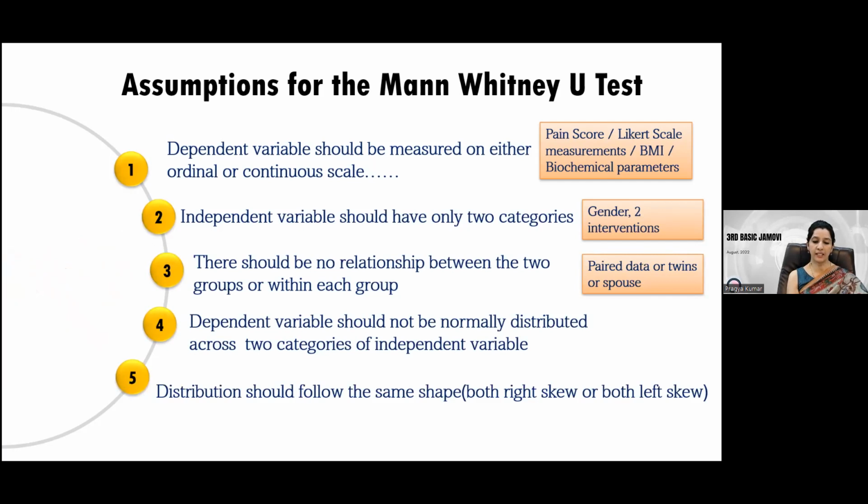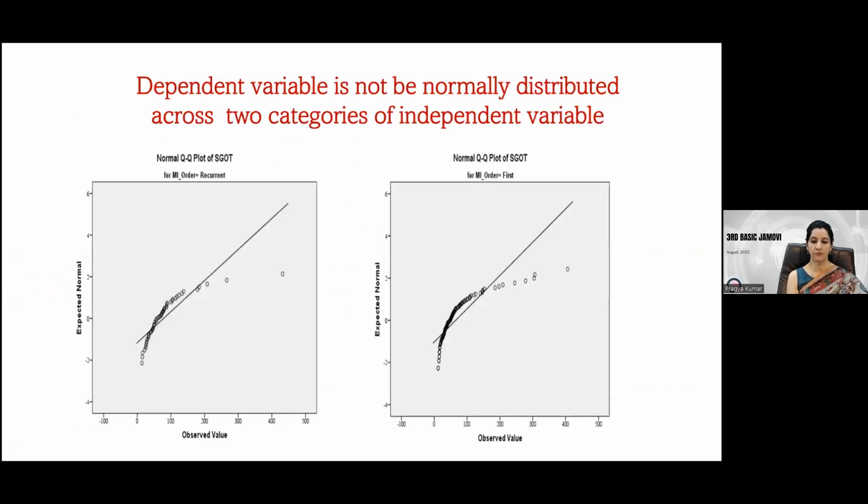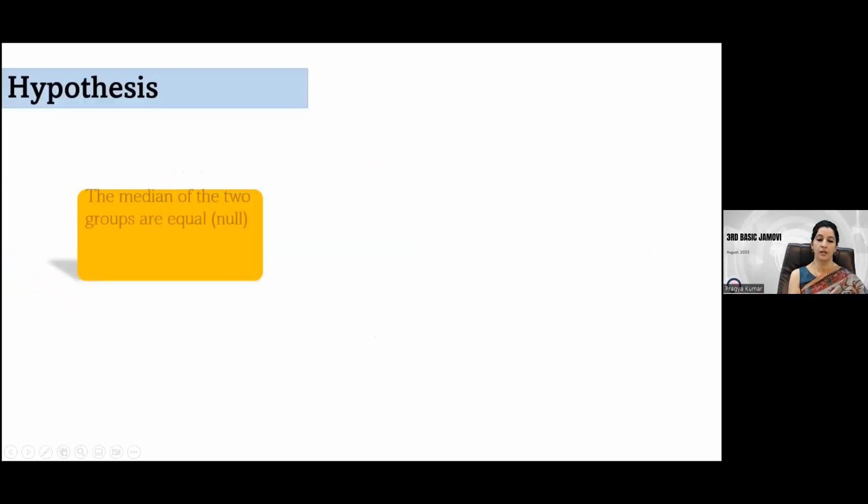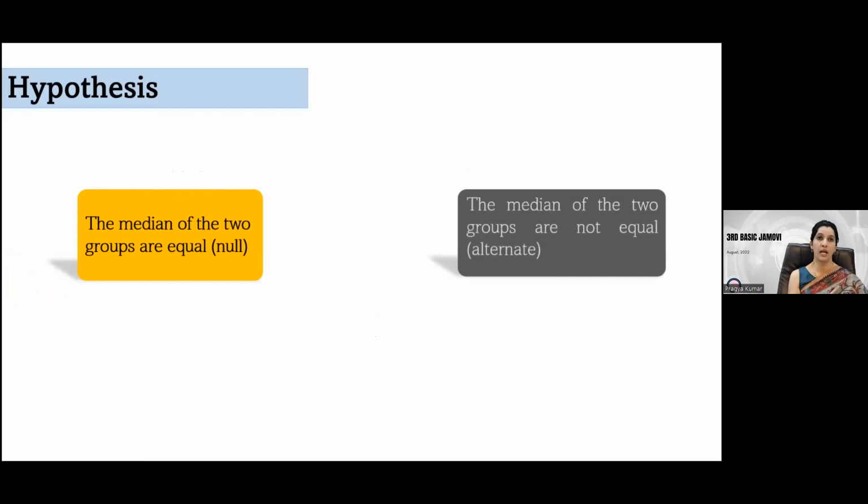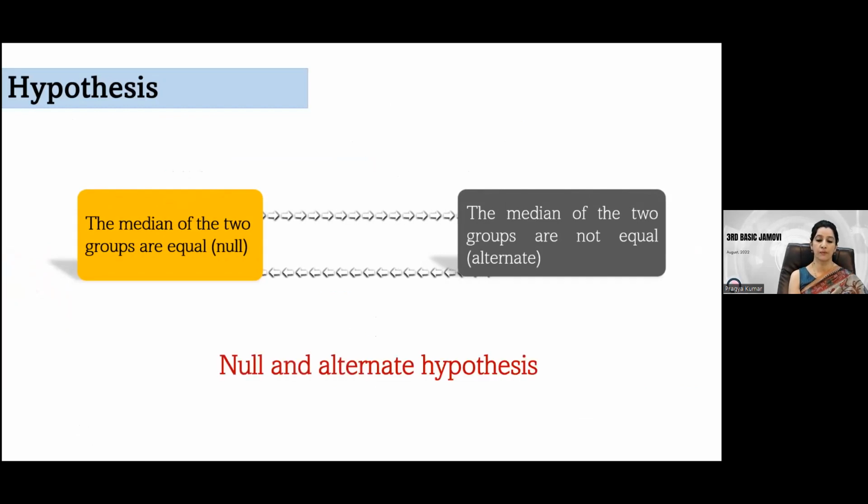Ideally, the groups should follow the same shape, either right or left skewed, then it would be good. Like in this case, both dependent variables are not normally distributed, but the direction of the skew seems to be the same. So the null hypothesis is that the median of the two groups is equal, and the alternate hypothesis states that the median of the two groups is not equal.